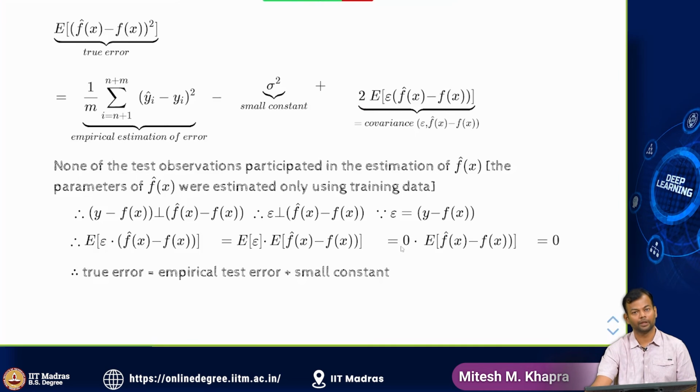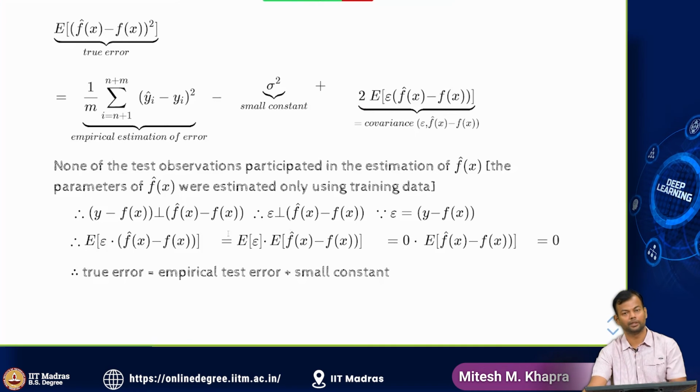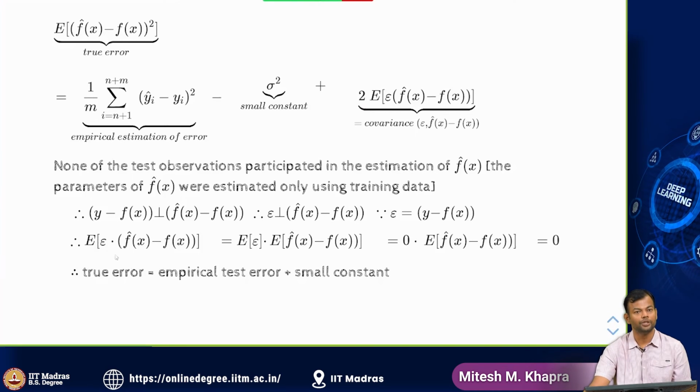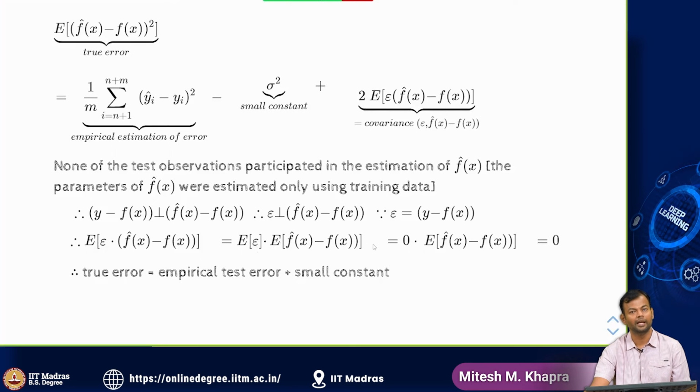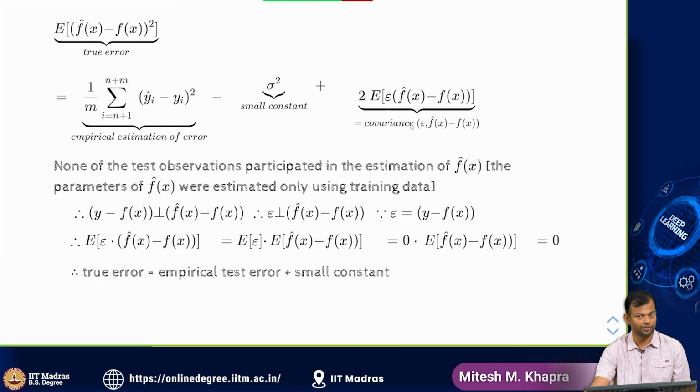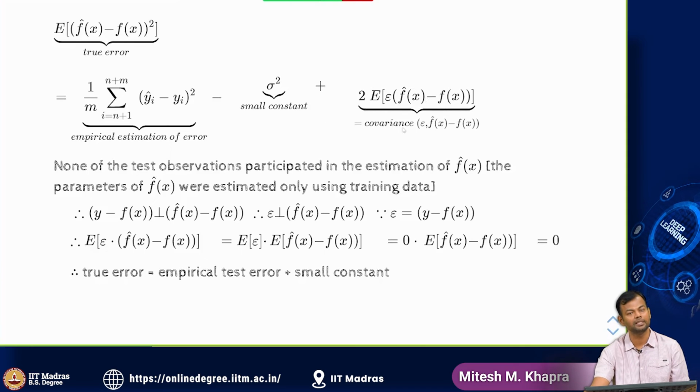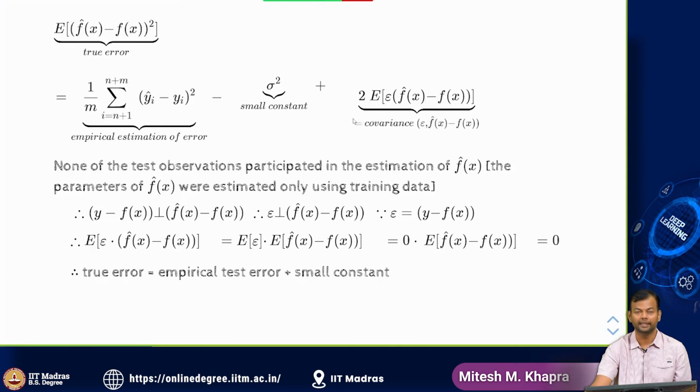So the expectation of this quantity, which was what you had here, since epsilon and the other random variable are independent, you can write it as the product of their expectations, and since the expected value of epsilon is 0, you get the final answer as 0, right. So in the case when you are trying to estimate this expectation from the test data, this quantity disappears, right.